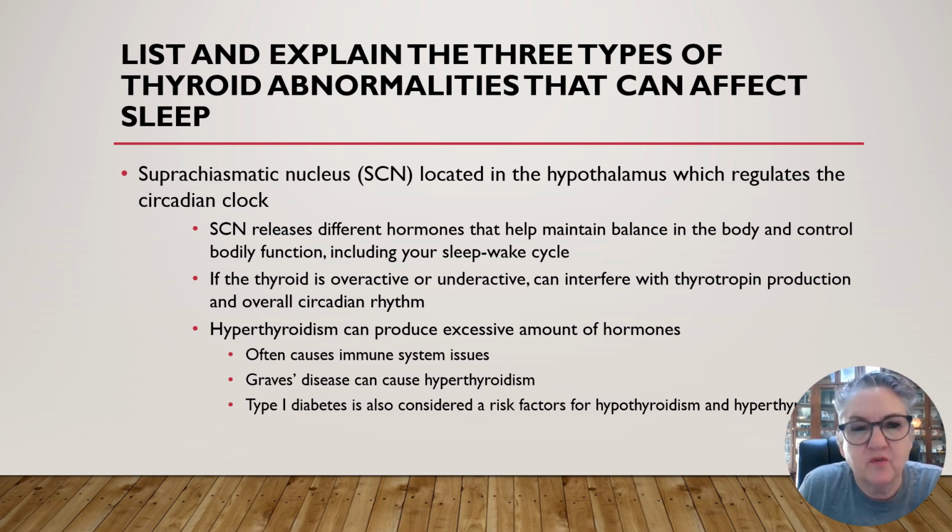If the thyroid is overactive or underactive, it can interfere with thyrotropin production and the overall circadian rhythm. Hyperthyroidism can produce excessive amounts of hormones and often causes immune system issues. Graves' disease can be caused by hyperthyroidism, and type 1 diabetes is also considered a risk factor for hypothyroidism and hyperthyroidism.